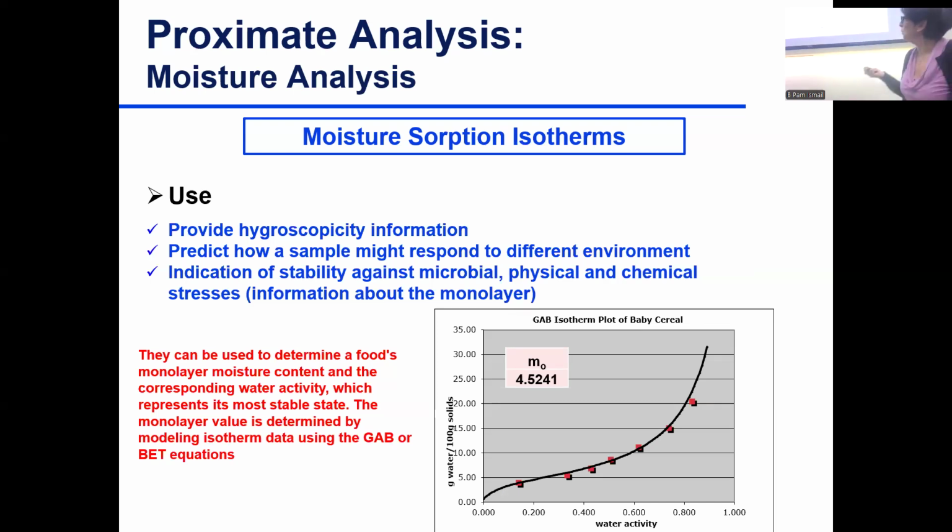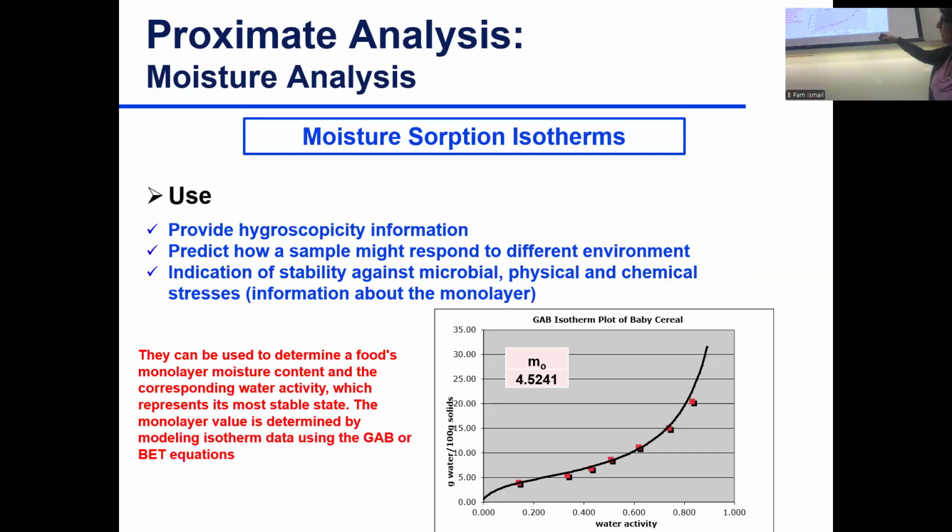And then we have 3 different ways of calculating or plotting these graphs, but the most common one that gives you the most accurate reading across a wide variety of foods is the DAB isotherm plot. And this came from 1 year where we did the plot for baby cereal.